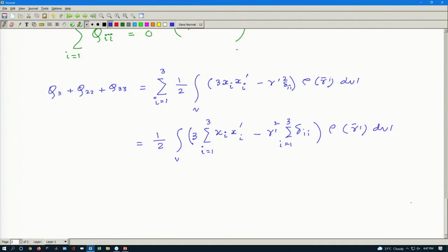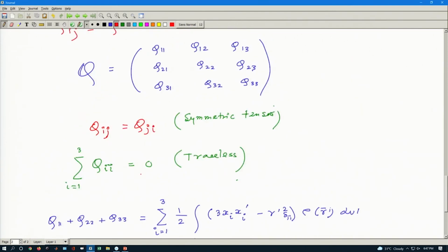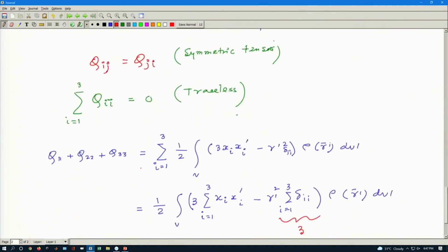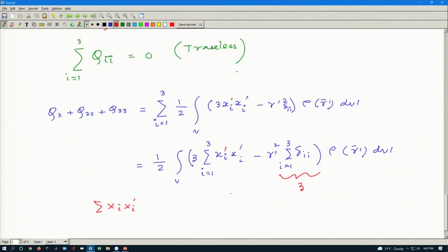This quantity again we calculated earlier, right? This should be 3. And what is this quantity? Summation of x_i prime multiplied by x_i prime, sorry, in both cases it is prime. I missed this prime here.